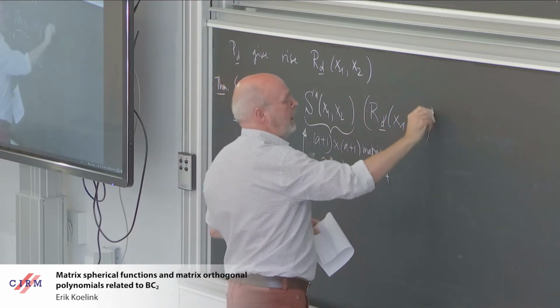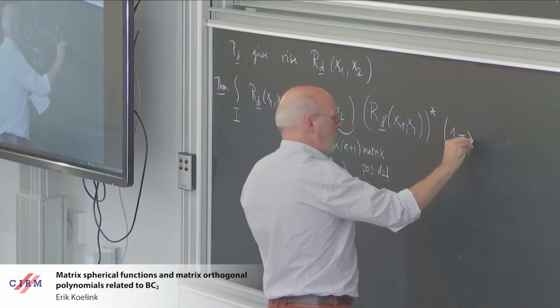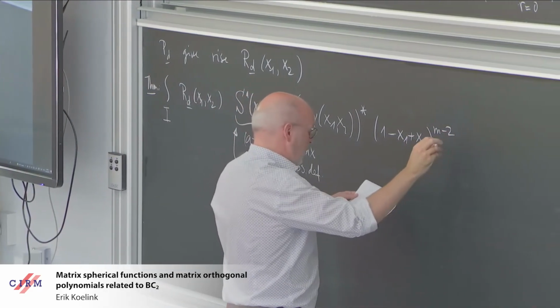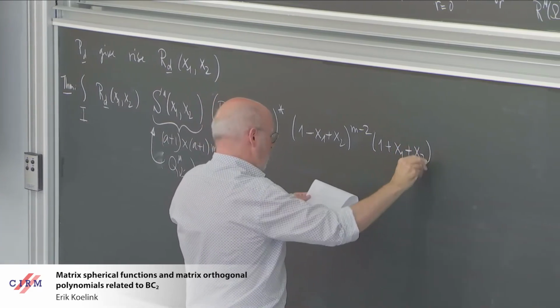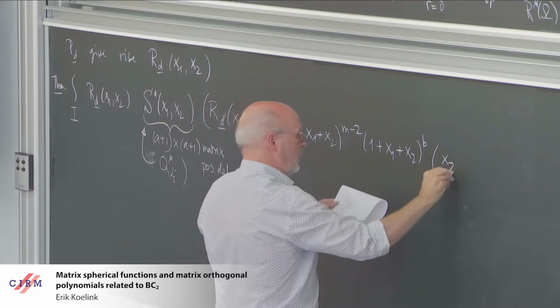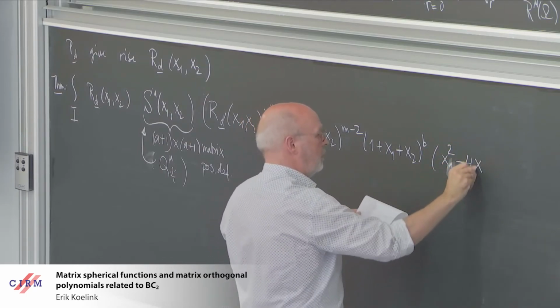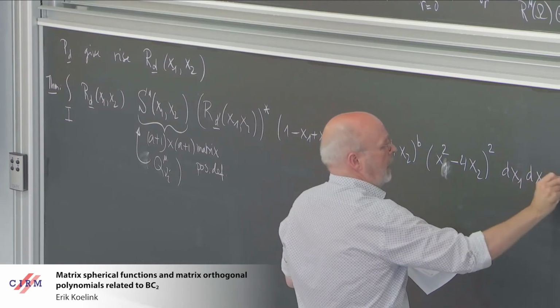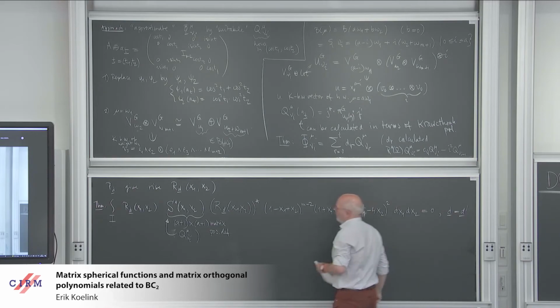And here I'll take the adjoint, and then I have a scalar part of the weight, and then I'll just write that down. Because we went through the labor of rewriting it in terms of Koornwinder's results from the 70s. Oh, so that should be x1 squared. And so this is 0 if d is not d prime.